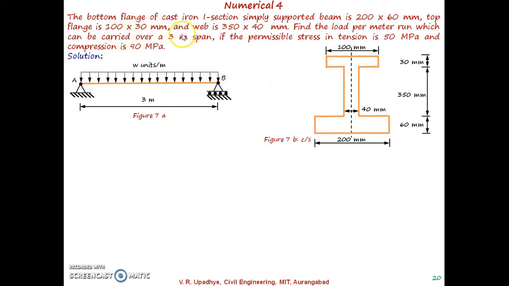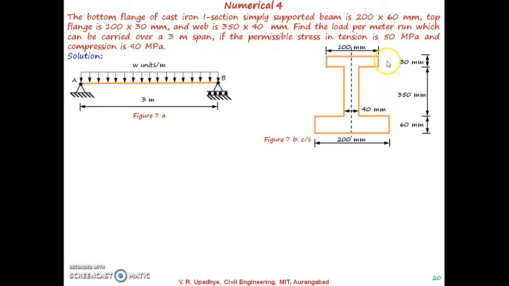So what is given in the discussion is that the bottom flange of that cast iron I section is 200 by 60 mm. So that is shown over here. The bottom flange is 200 its width and 60 mm its thickness. Then web is given as 350 by 40 mm.